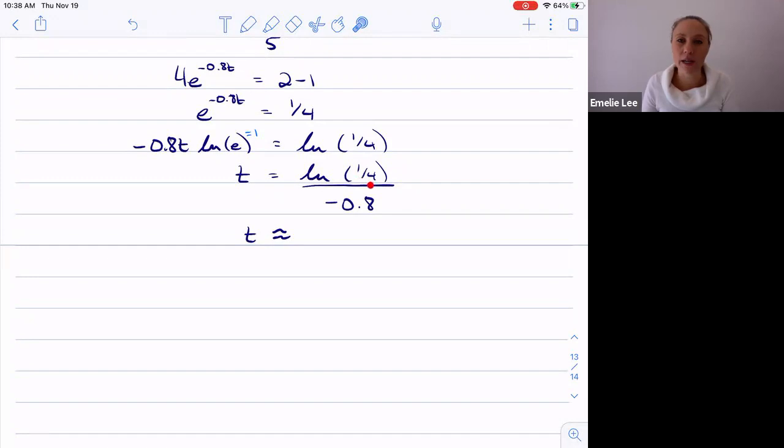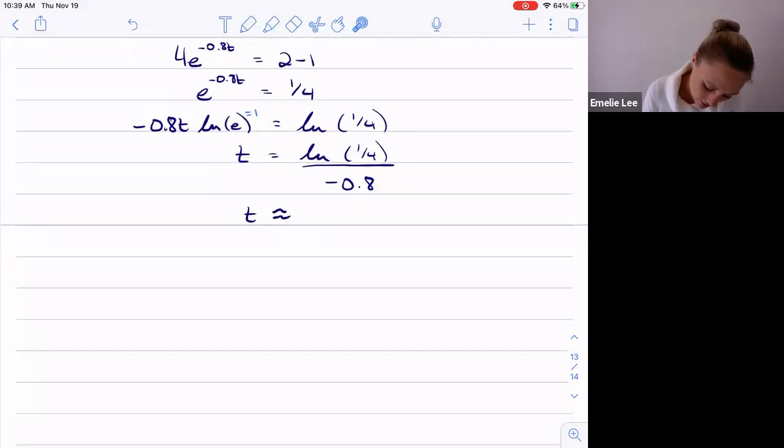The natural log of 1 minus the natural log of 4, it just depends on what you like. So the natural log of 1 over 4 divided by negative 0.8, t should be positive, right? Time should be positive. And I get roughly 1.73286791.